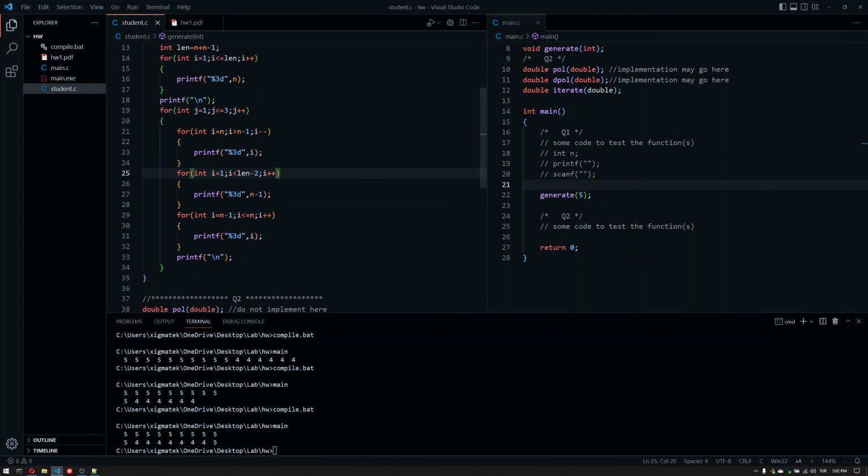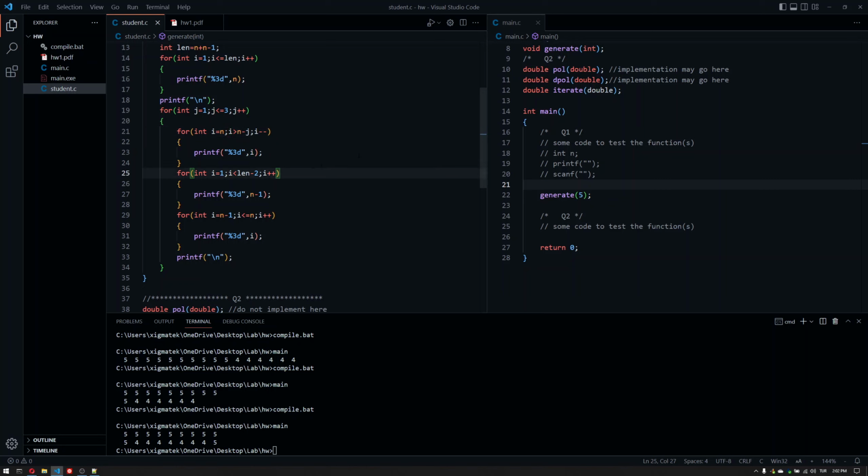So it is determining how many times this for loop should work. It starts with 1, it works for 1, so it seems like this should be j, because if it becomes 2, I'll get n minus 2 here, and from n to n minus 2 it will print out n and n minus 1, which would be 5 and 4.